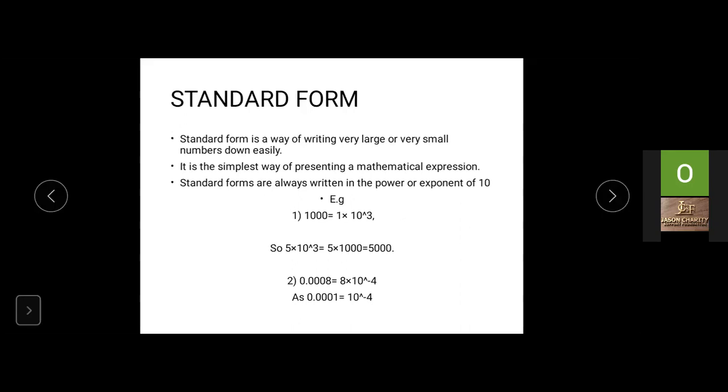That means decimal point was introduced. Now, if you put a decimal point after 1 and you move the decimal point to the last 0 in 1,000, we have 1, 2, 3.